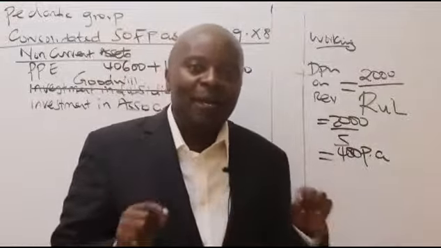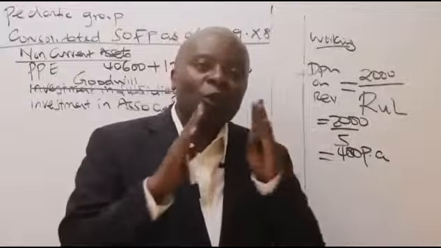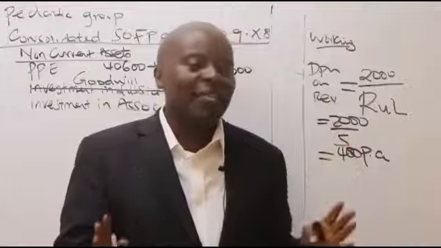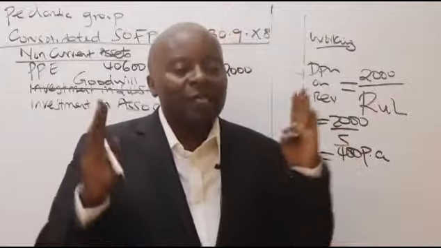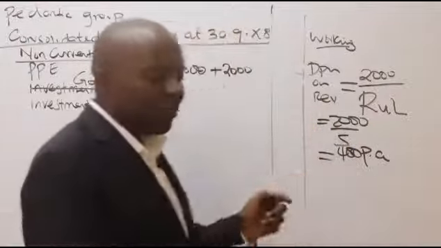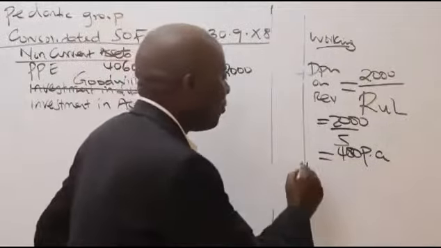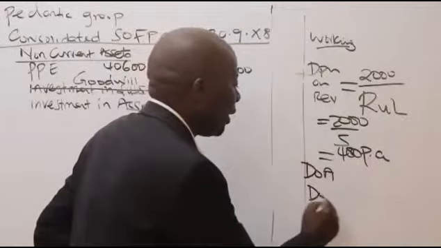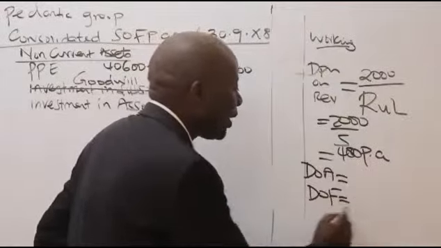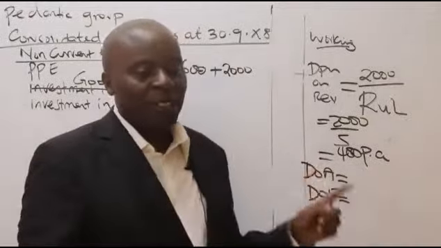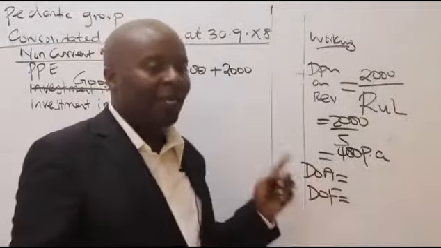And if you remember, for depreciation we would want the total cumulative depreciation. For how many years have we stayed with this subsidiary? For me to be able to get the number of months that we stayed with this subsidiary, I need the DOA and the DOF.